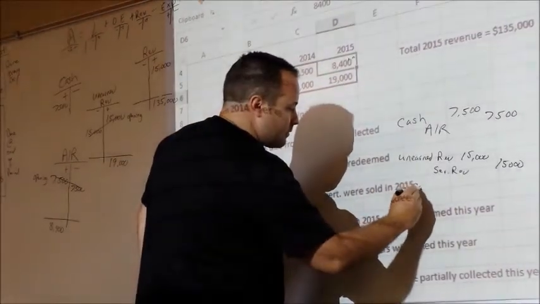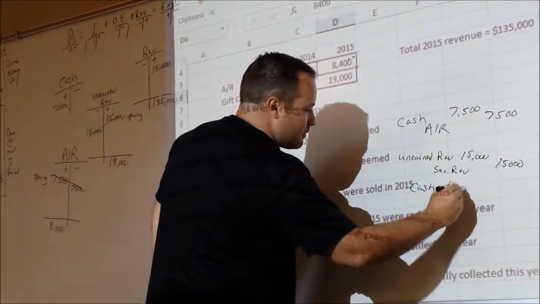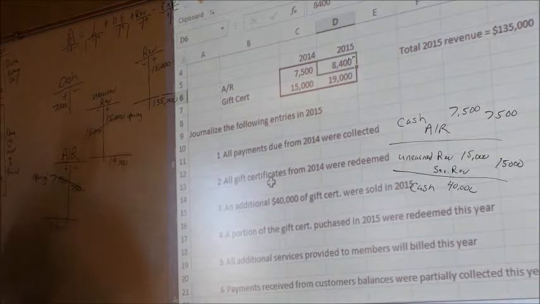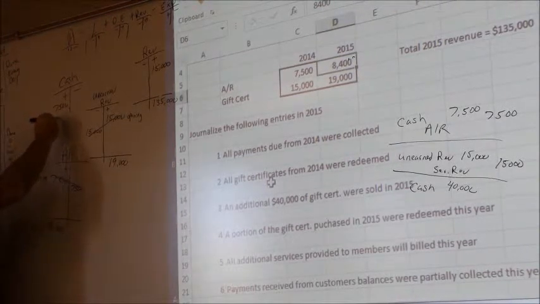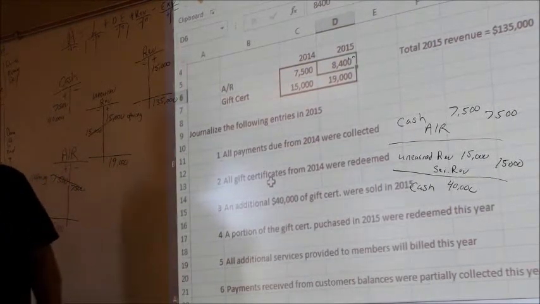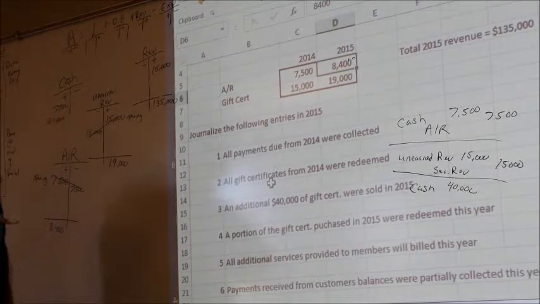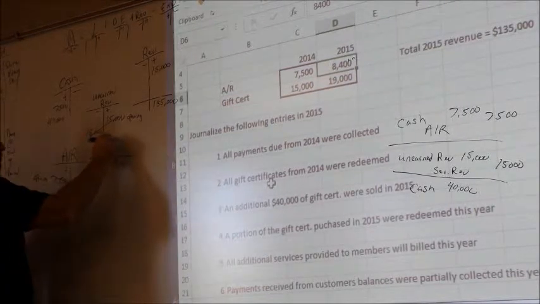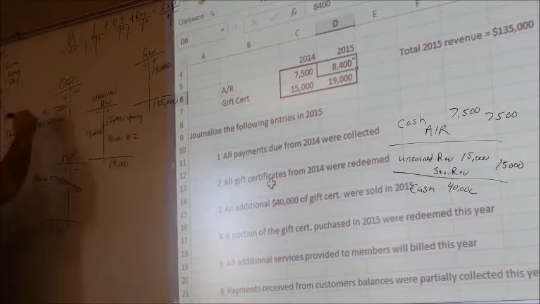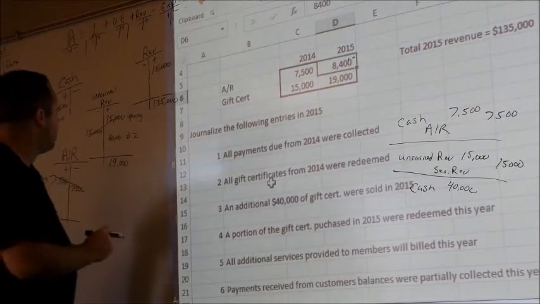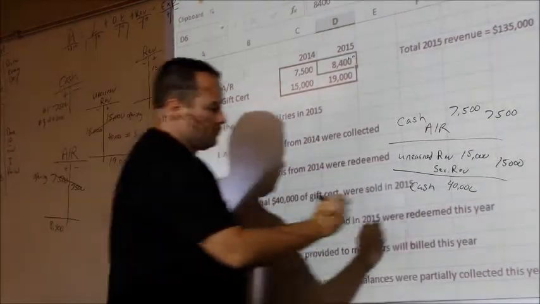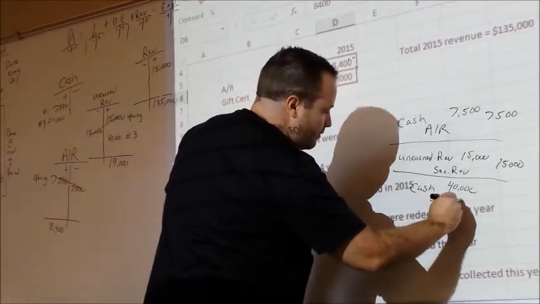And then the credit: not revenue, but unearned revenue. Oh, because this is a gift certificate. Yep, gift certificate. Unearned revenue.